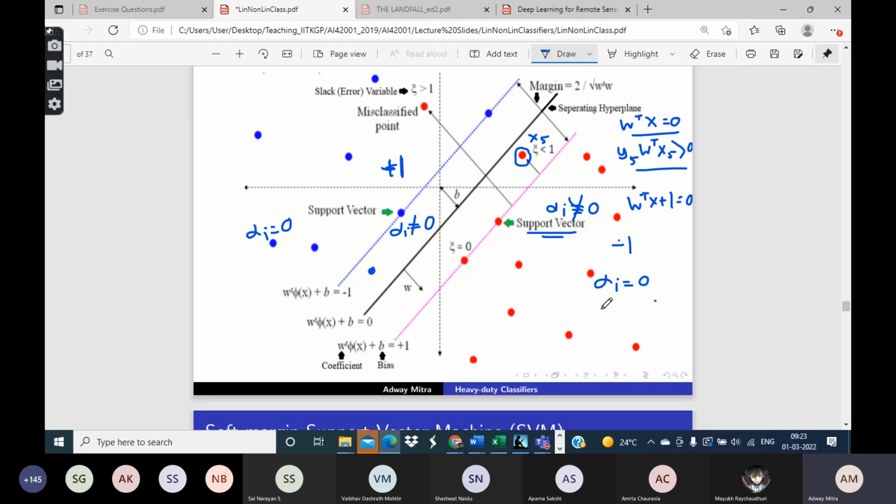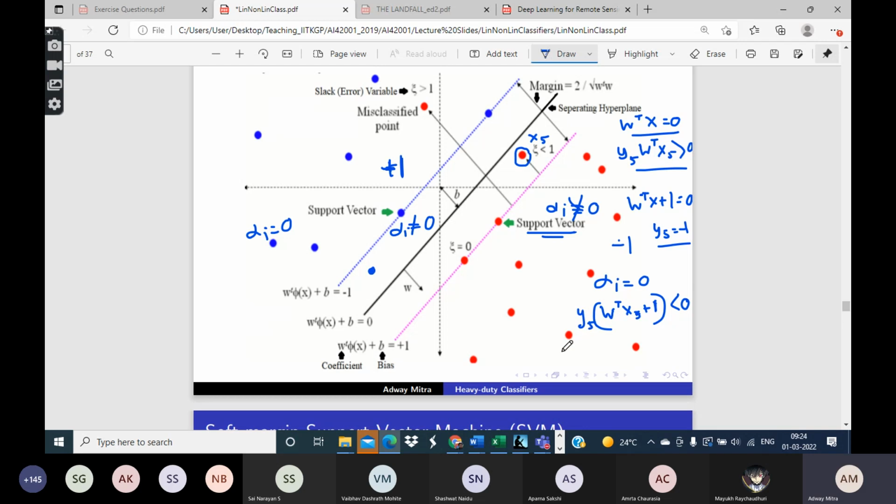So we can say that Y5 is of course equal to -1. This one is misclassified, right? Because this product becomes less than or equal to 0.